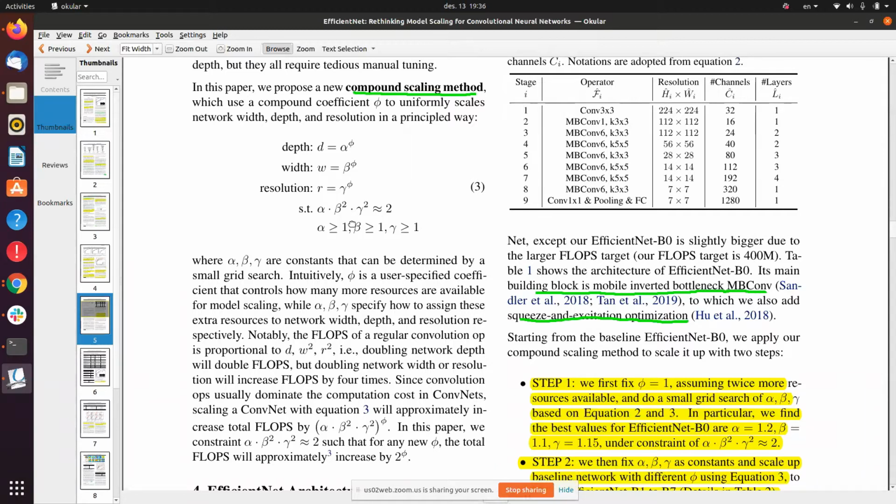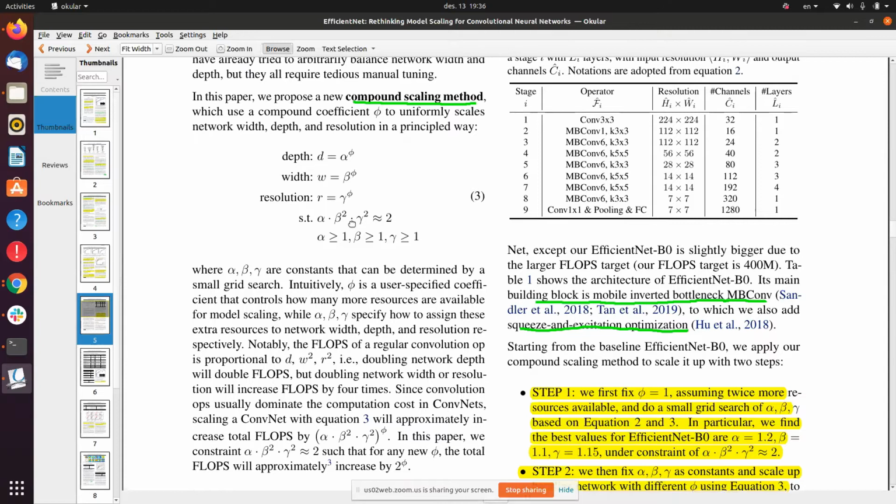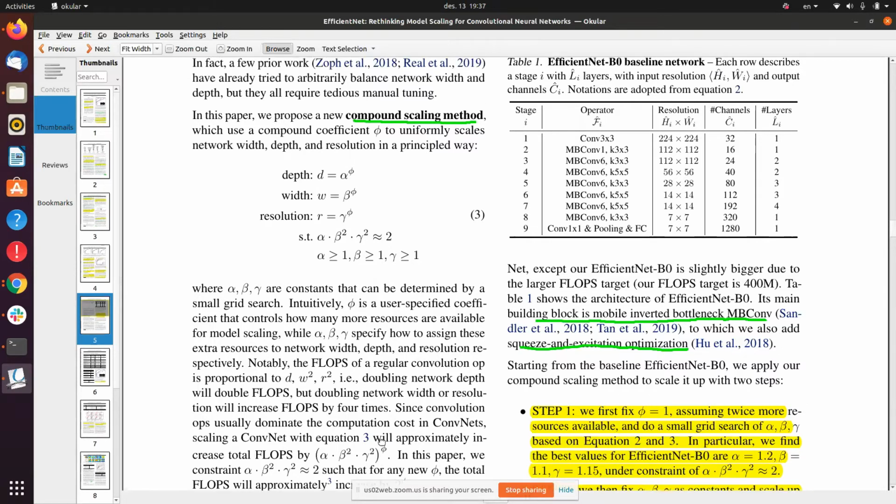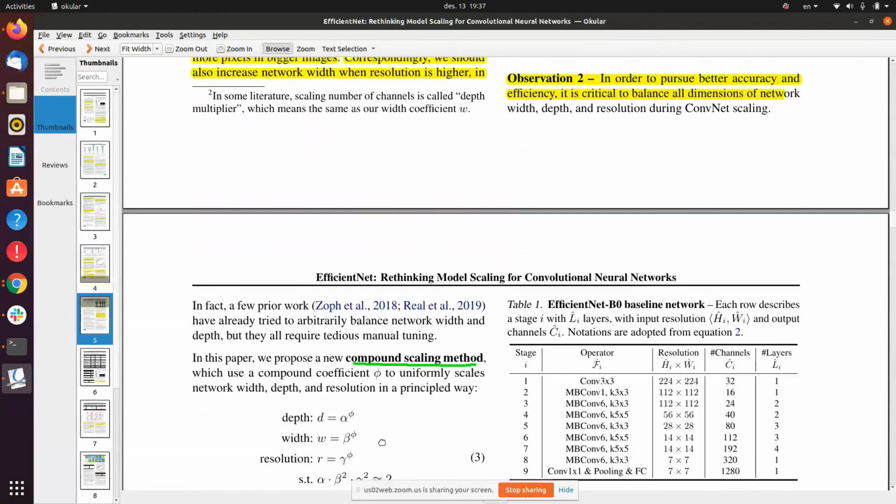But in case we have high capability, high resources in our machines, then we can increase those parameters. But they have come up with something: if you increase this parameter, what are the FLOPs, and how will the ratio of the FLOPs increase? So all those ratios they have come up with in this section.